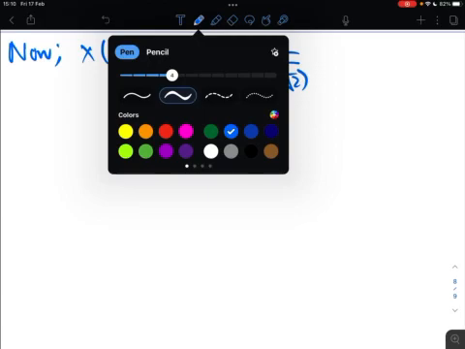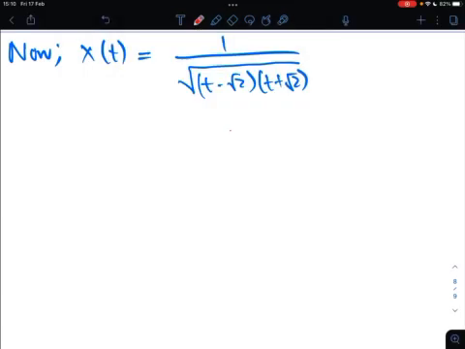We have a combination of two things: a root, and also a fraction. To find the domain of this function, we have to consider two things depending on the nature of the function at hand.